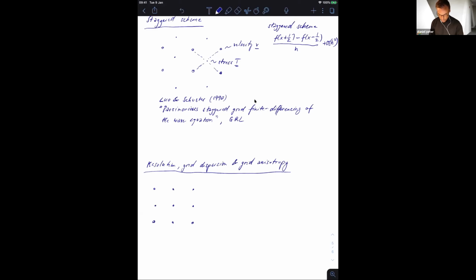Now, grid dispersion means that the wave speed becomes a function of the wave vector.